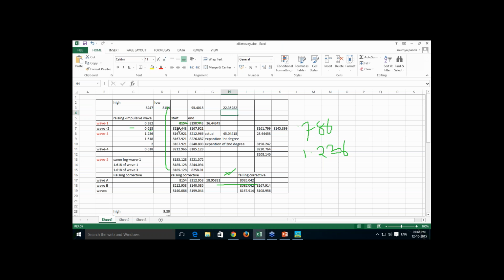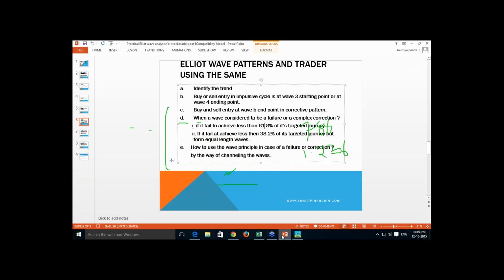You have calculated wave 2 will fall from 8190 to 8167, so it will give you about 30 points, but out of 30 points only 9 or 7 points it has fallen and moved up. So you can say that it is a wave failure. Whenever it achieves less than 61% and reverses from there, it will be considered a failure.